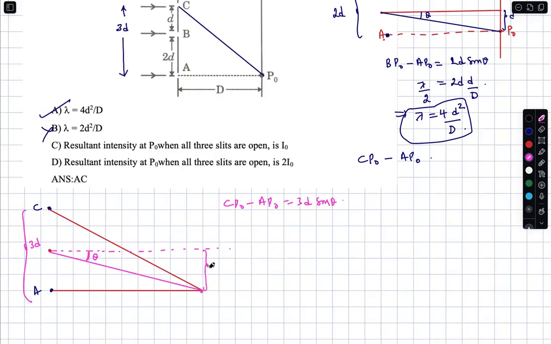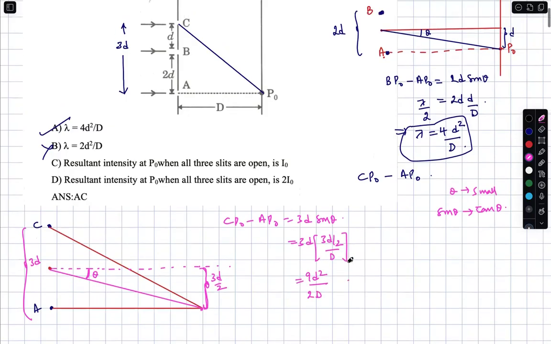By the way, this distance is 3D by 2 now. So therefore, 3D times theta, 3D by 2 by capital T. Remember, when the angle is small, sine theta can be written as tan theta also, but only when the angle is small. Now, this will become 9D square by 2T.